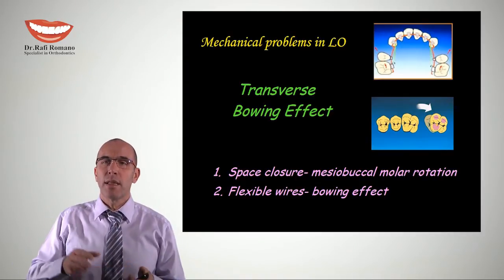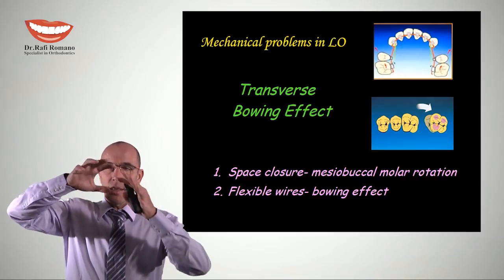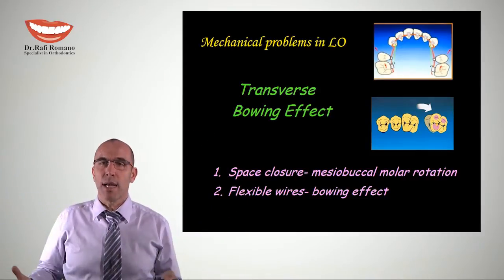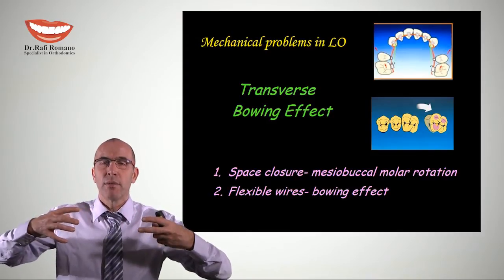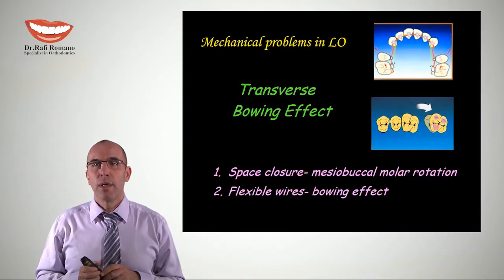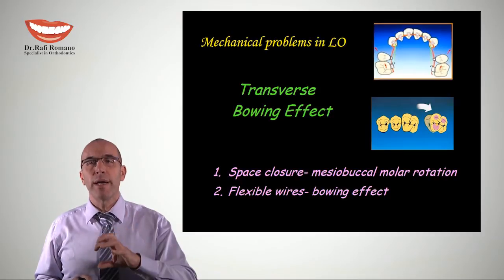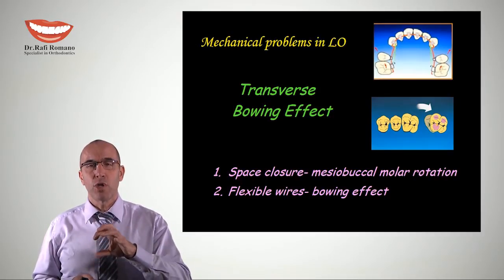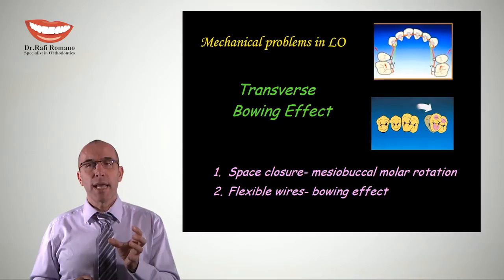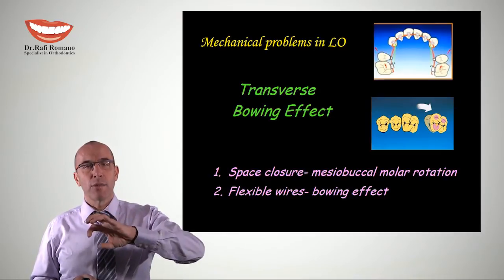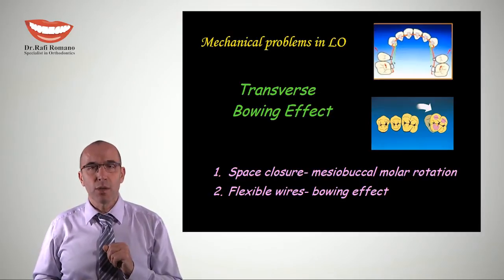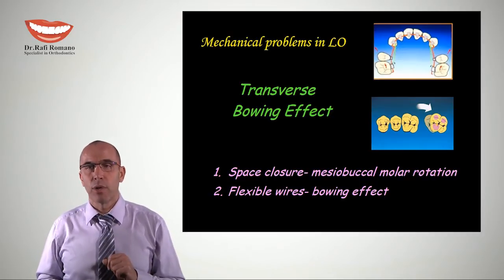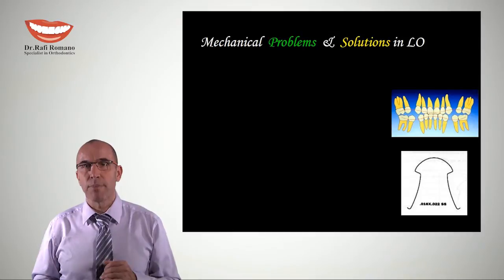We can see that the wire in the middle is just bowed outside, and the molars are rotating from this loss of control. They are rotating the other way from buccal orthodontics, which is important to know. Instead of clockwise rotation, we get an anti-clockwise rotation, which should be solved now by our steps.